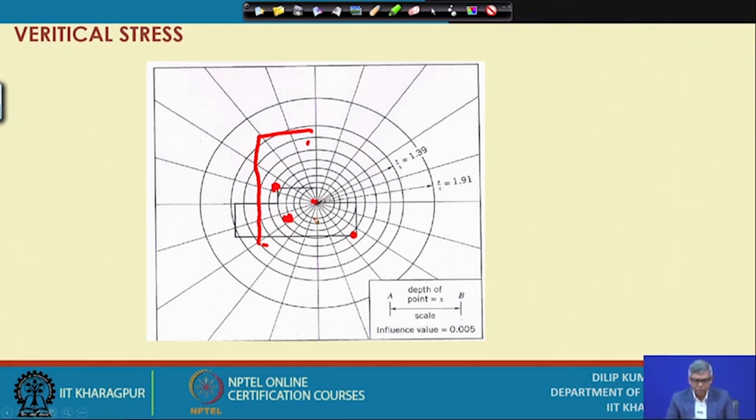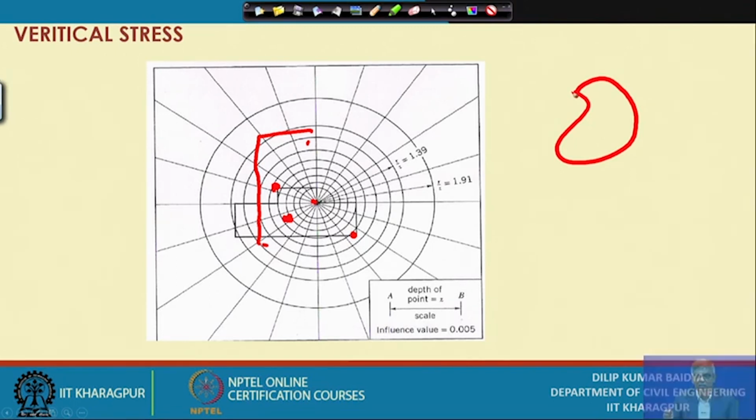So, this is a very universal chart for any shape of foundation. Suppose the foundation shape is something like this, which is unusual, but suppose I can imagine that is a foundation type. This cannot be handled by Boussinesq's point formula, area integration or corner formula; nothing of that will be used here.